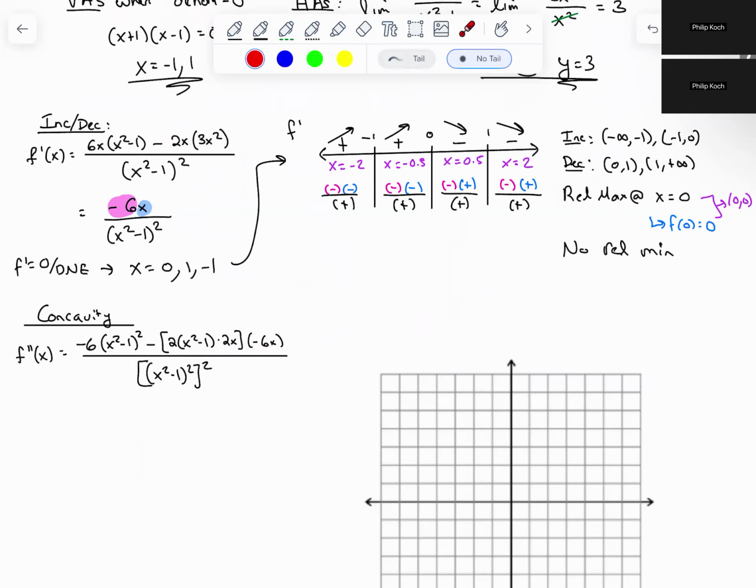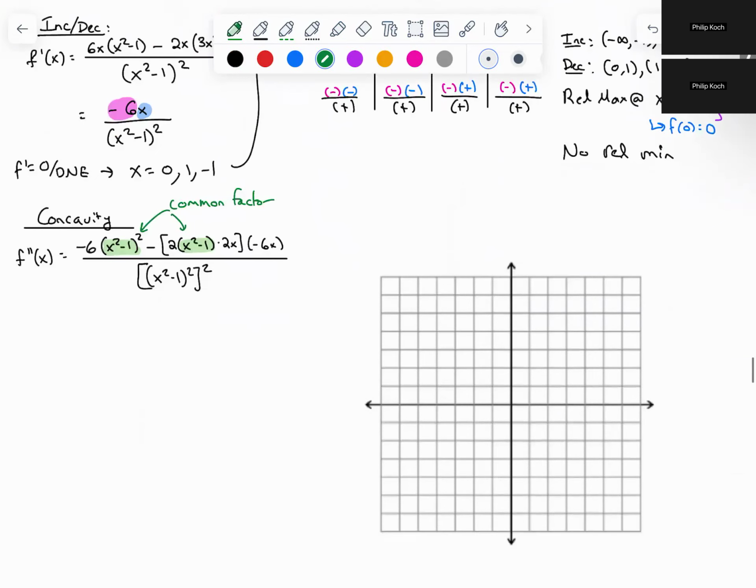There's a common factor of x squared minus 1 in the two terms in the numerator. So I'm going to highlight it. They have a common factor, so we might as well take that out.